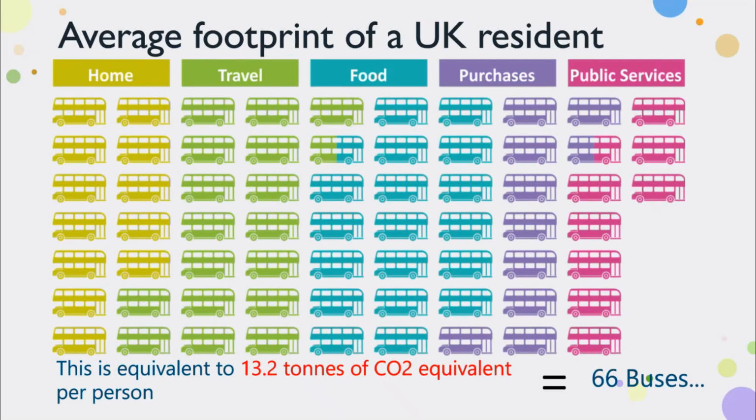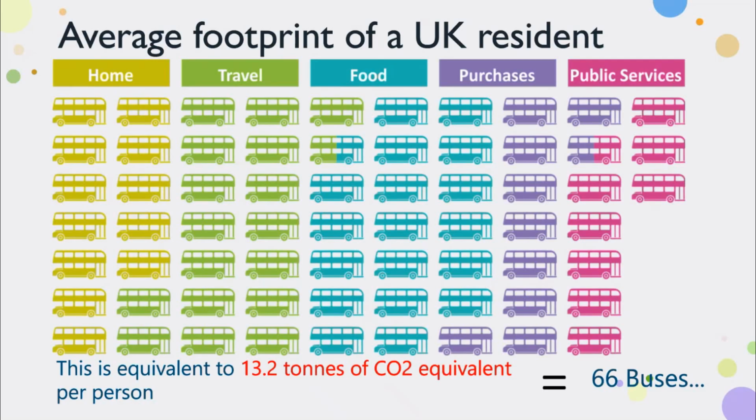And then it's broken down into multiple parts. How much do we consume in the house? How much do we consume by traveling? How much do we consume by food, purchases, and using public services? So all that is broken down, and every single person in the UK can fill roughly about 66 double-decker buses with the carbon production that we do.